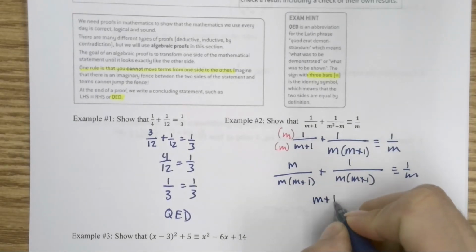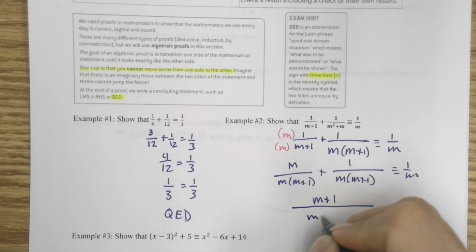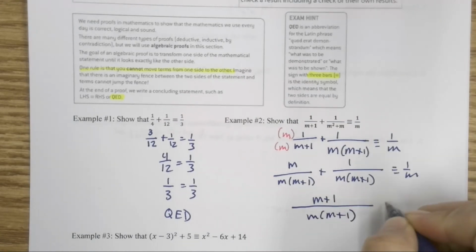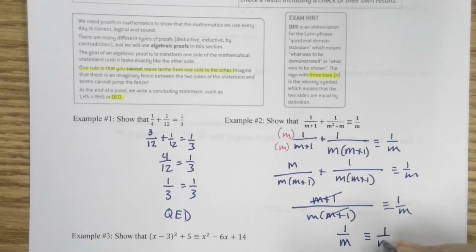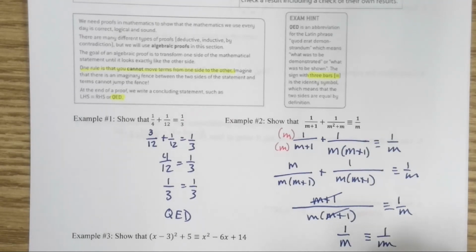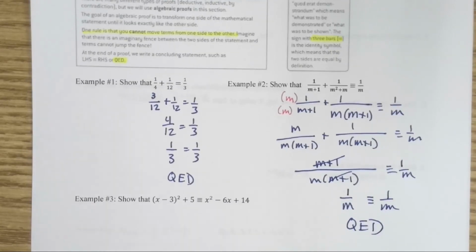So our denominator remains the same. So we add our numerators. And then I'm now seeing that this m plus 1 on top will simplify with the m plus 1 on the bottom, which reduces all the way down to 1/m. We have just proved the left side is equal to the right side, and we are ready to move on.